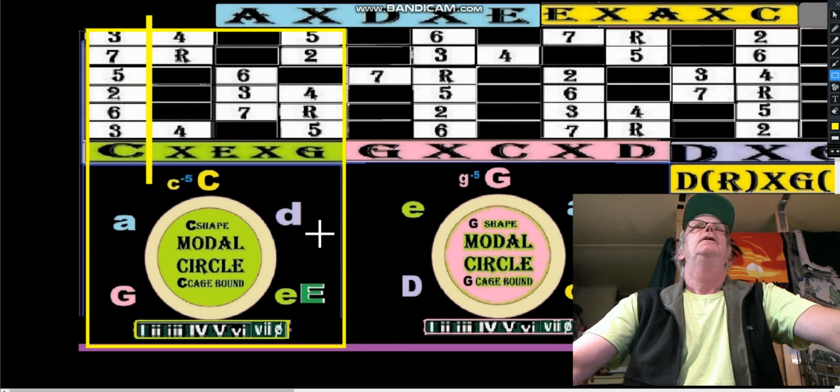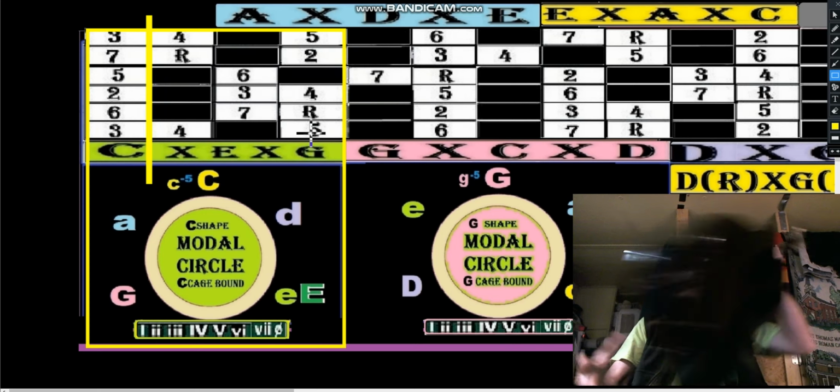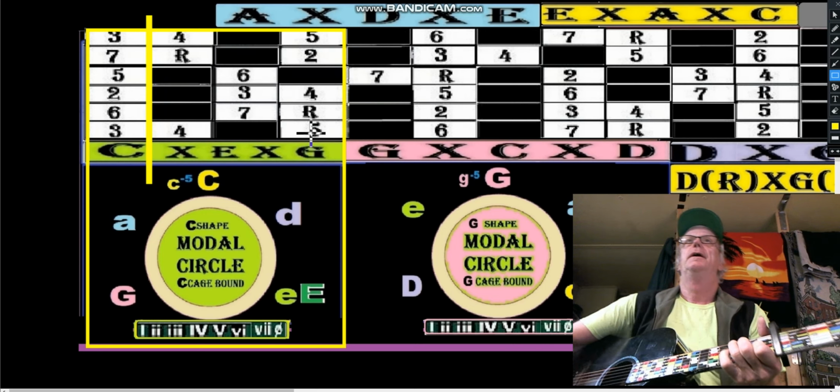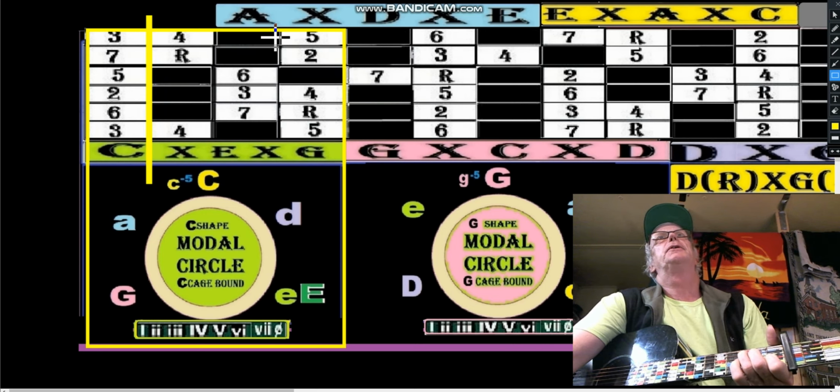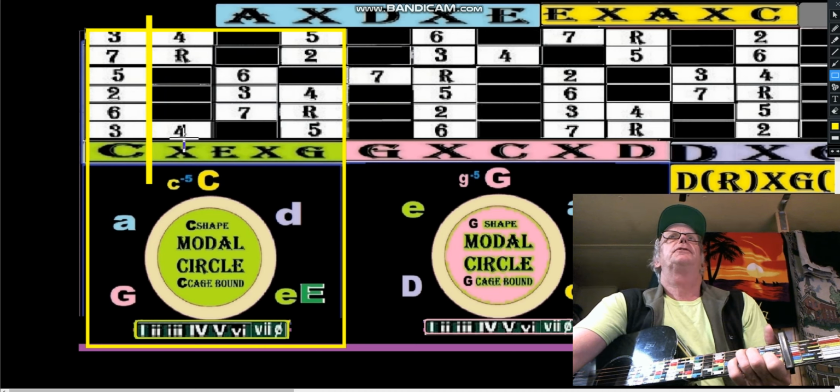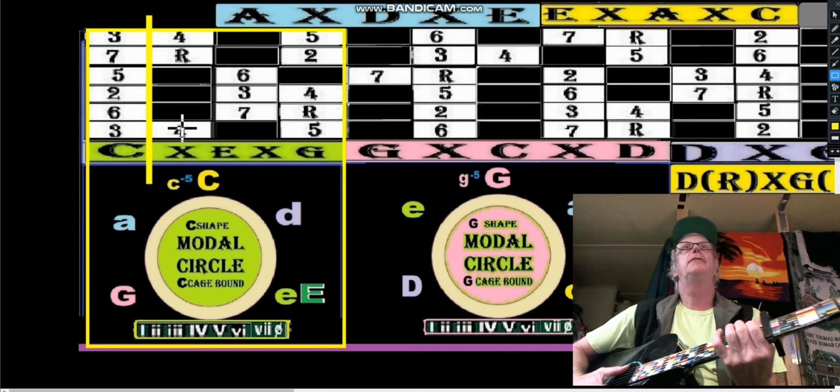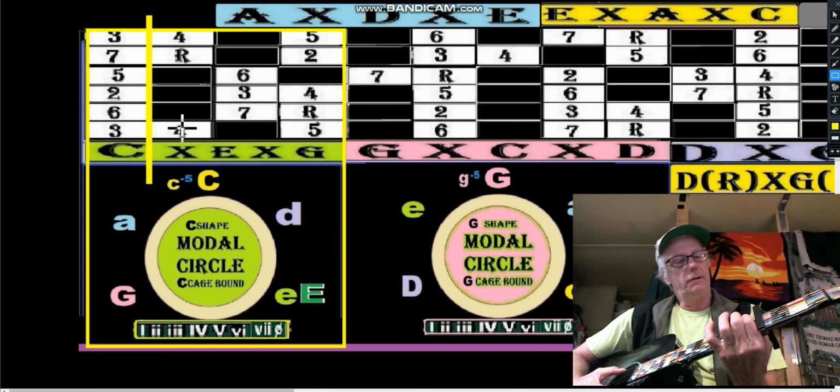But look at the modals. If we're just looking at the root chord, which would be the C, here's the root chord, and looking at the D minor, which is 6-2-4. Remember, 6th of C is A, 2nd of C is D, the 4th of C is F. So we'd have a little D minor over here too.